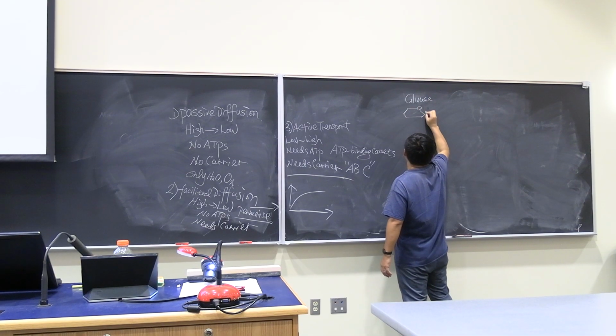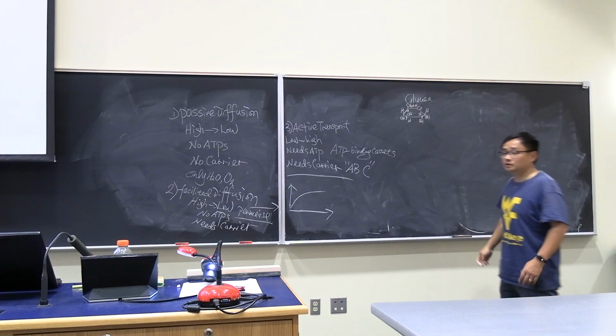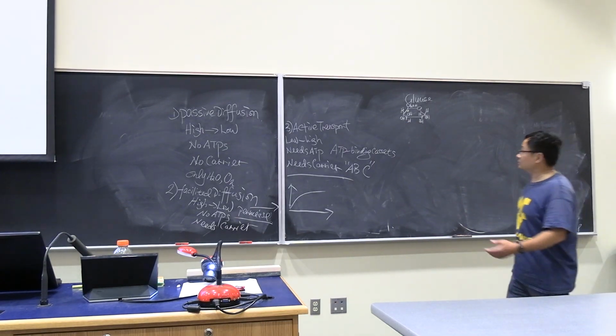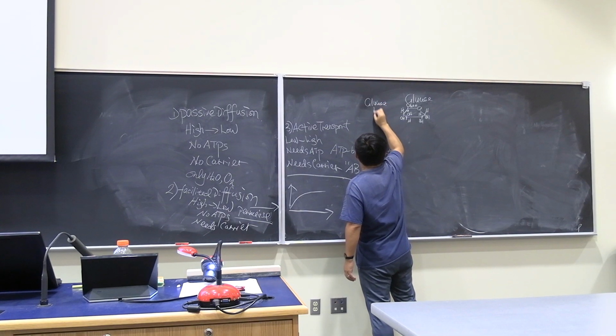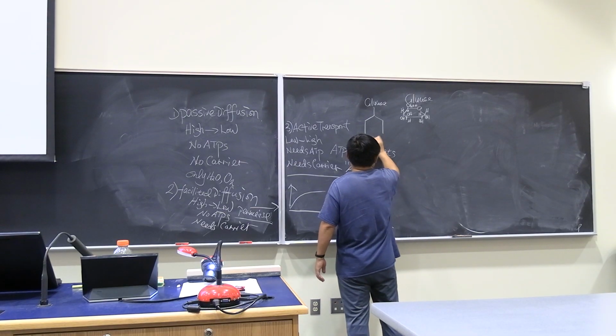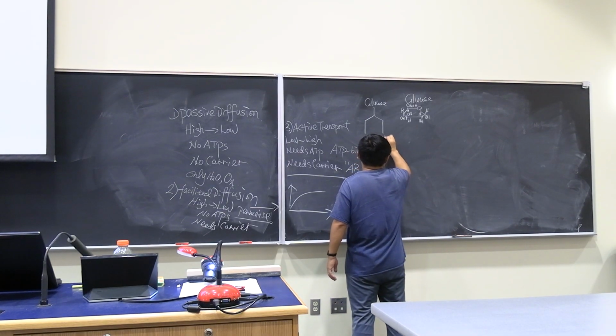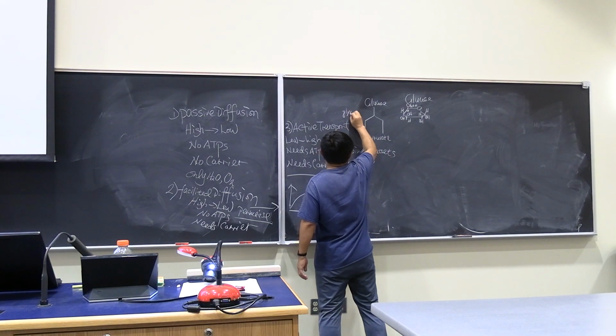Okay, that's a glucose. Is that right? Glucose goes through a process that looks like this and will generate pyruvate. And this process we call glycolysis.